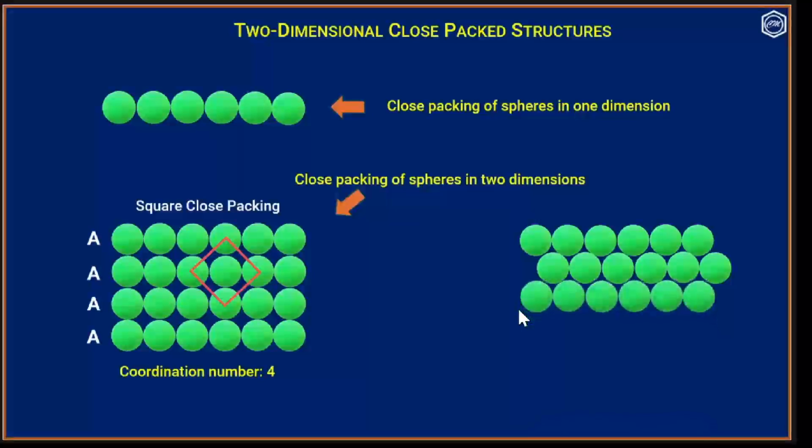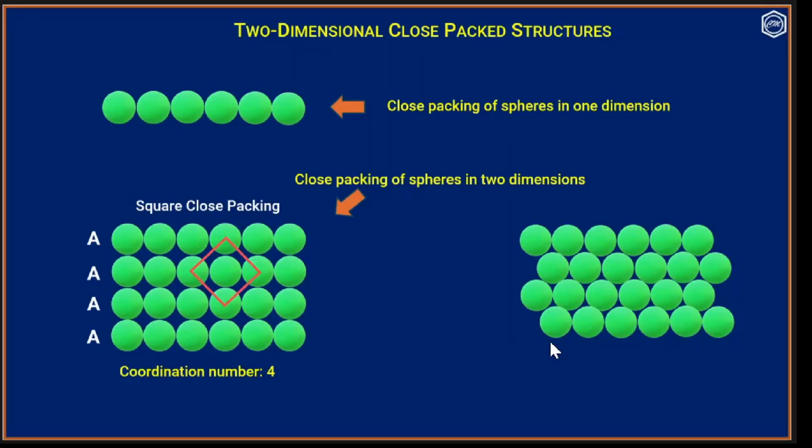When a third row comes, it is placed just adjacent to the second row in a staggered manner and its spheres are aligned with those of the first layer. Hence that also is an A-type layer. The fourth row will be aligned to the second row. Hence this arrangement will be AB type.